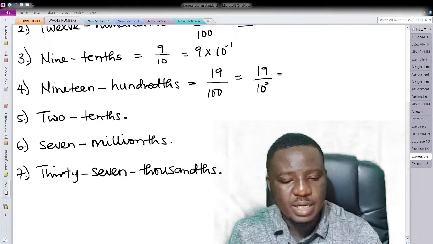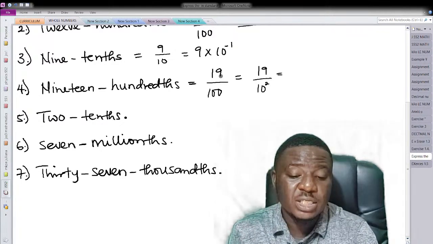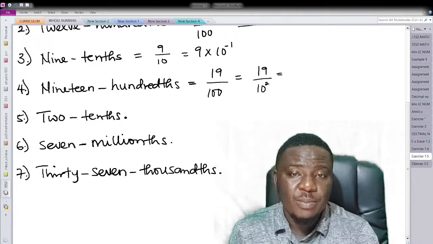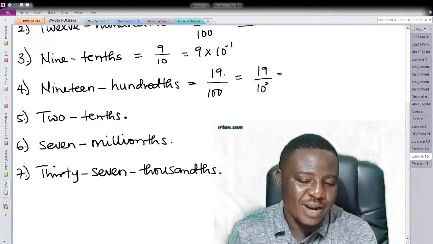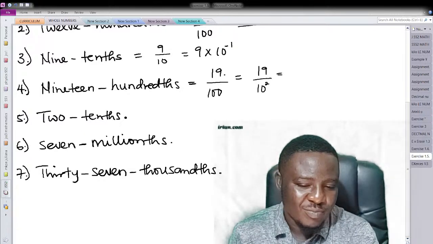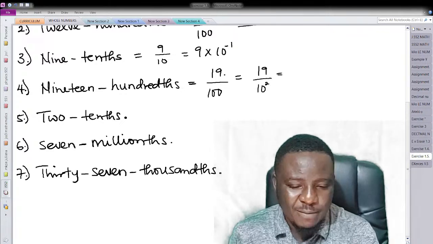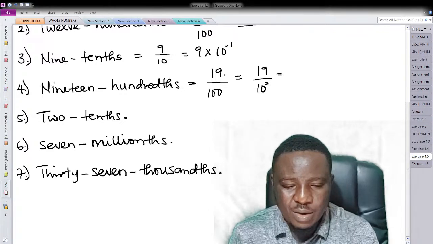Now, 19 divided by 100. Remember in your primary, when you were taught how to divide, we said the decimal point is somewhere here, right? Yes, sir. Are you seeing what I'm doing? It's like it's late. Okay, latency. I think that should be latency.